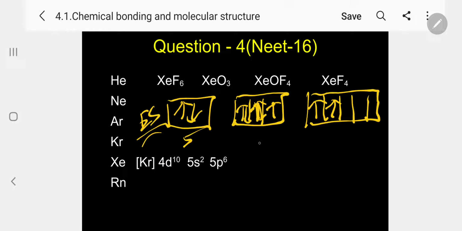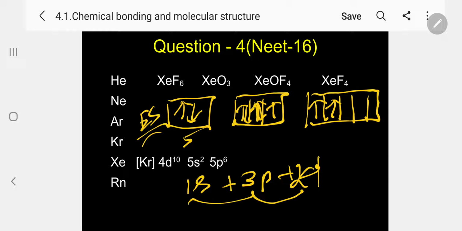Ground state 5s2, 5p6. So here it is 1 s plus 3 p plus 2 d involved in hybridization. 1 plus 3 plus 2, 4 plus 2, 6. 6 means octahedral. Kindly follow.